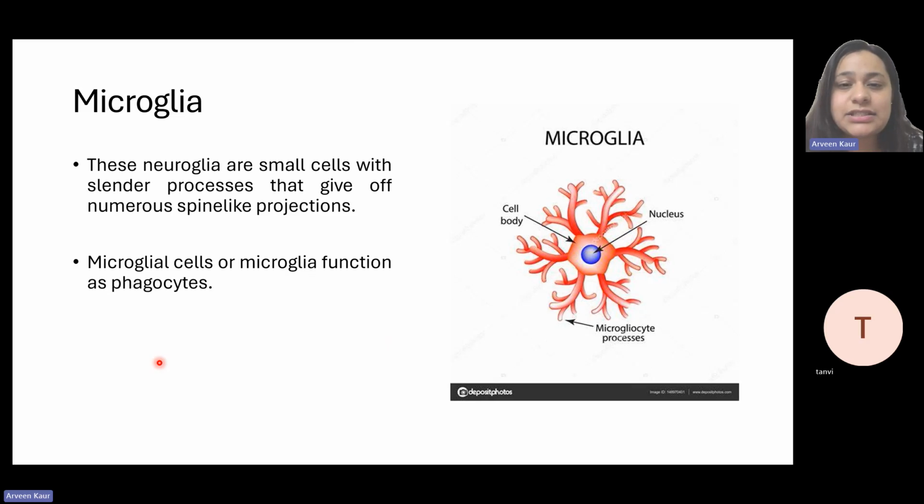But in cases where there is activation of a microglia, or a chronic inflammatory condition exists, the cell body of the microglia grows, gets swollen, and loses a lot of its projections, right?